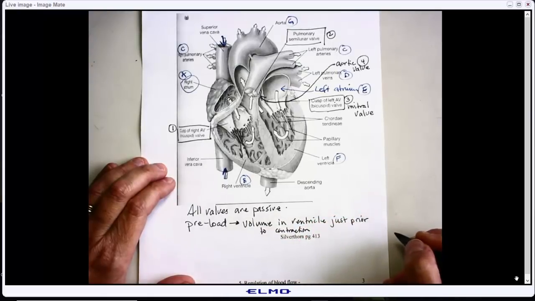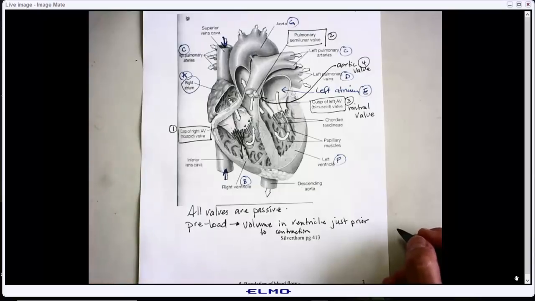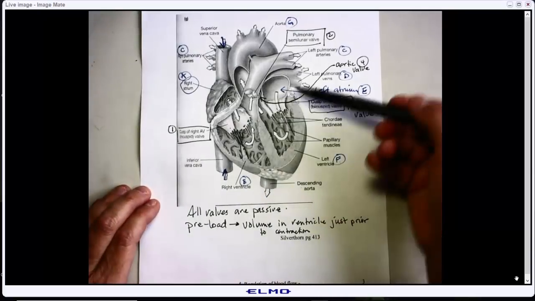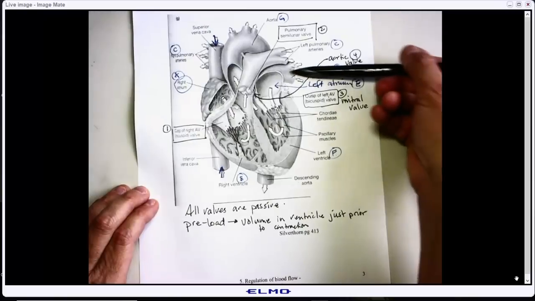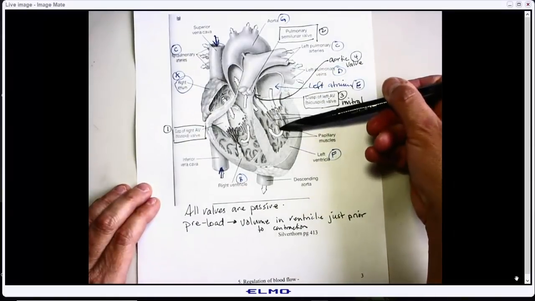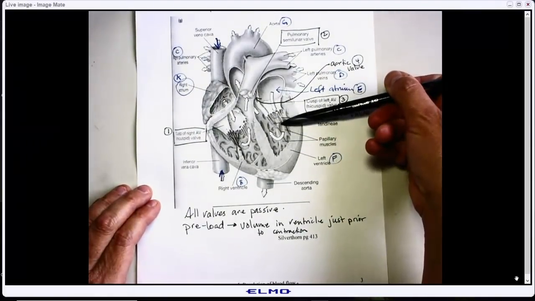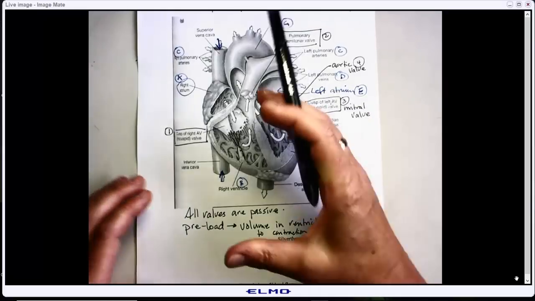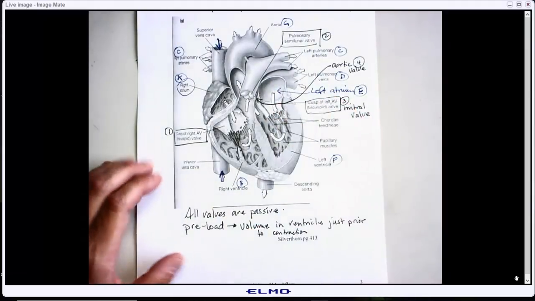Okay, so just prior to contraction. So when we're filling, let's say from the left atria into the left ventricle, just before this ventricle contracts, it's going to have a volume in it, and that's what we're going to call preload.